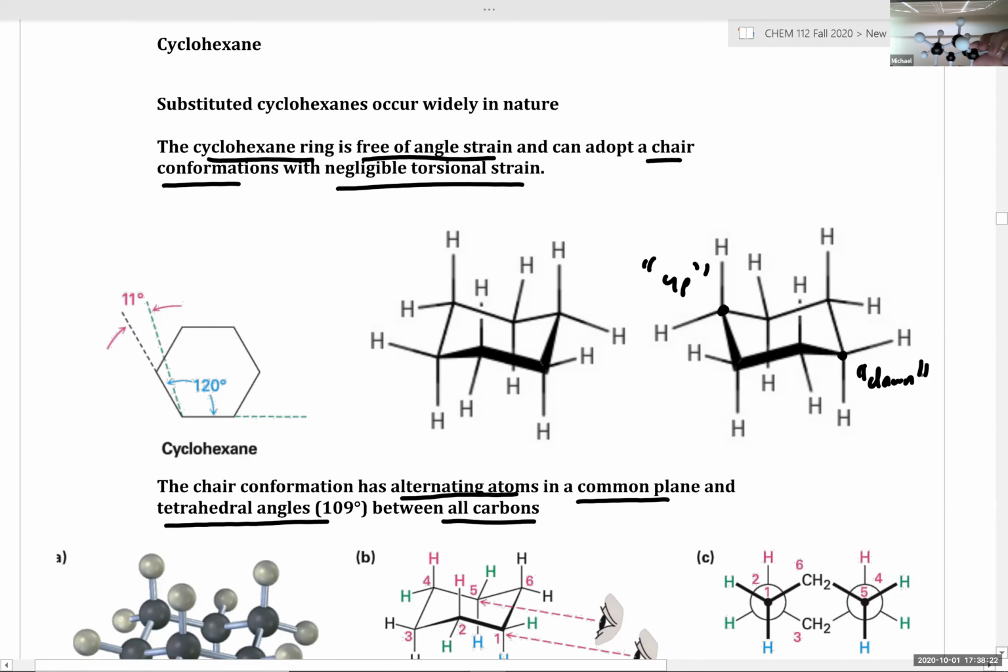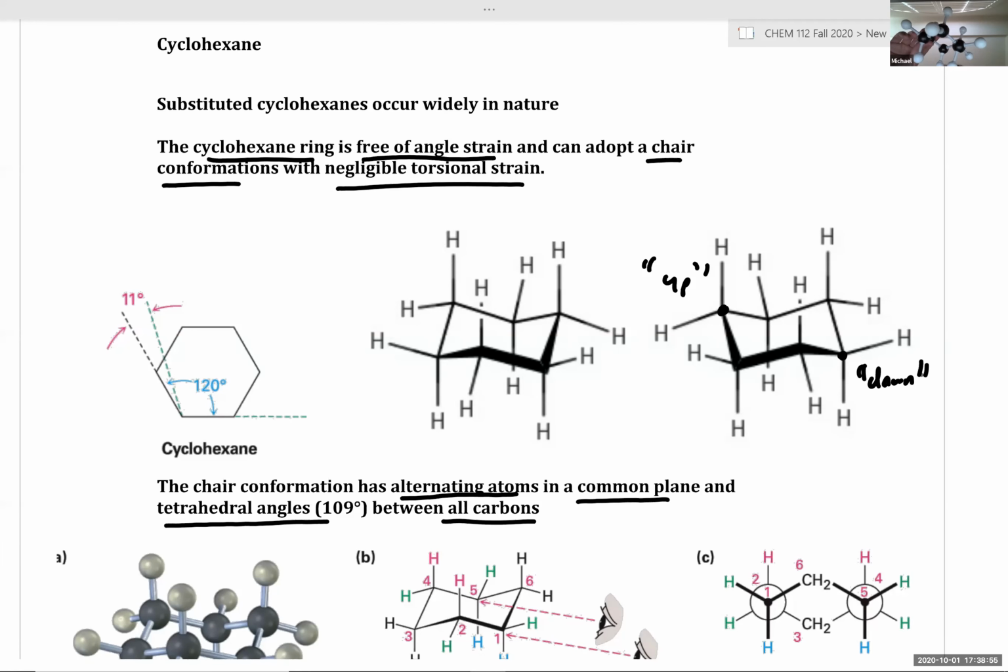Now, one thing that's really cool about this chair conformation is if we look down our carbon-carbon bonds, does everyone see how, if we compare our substituents on our adjacent carbons, are these substituents staggered or eclipsed?